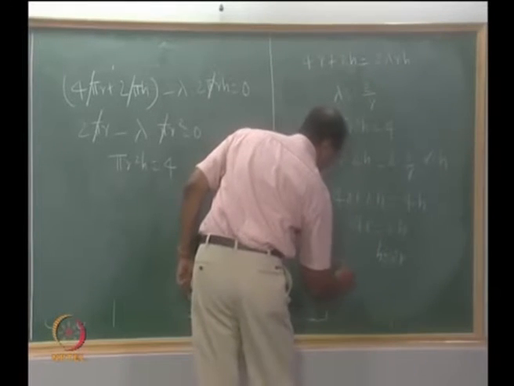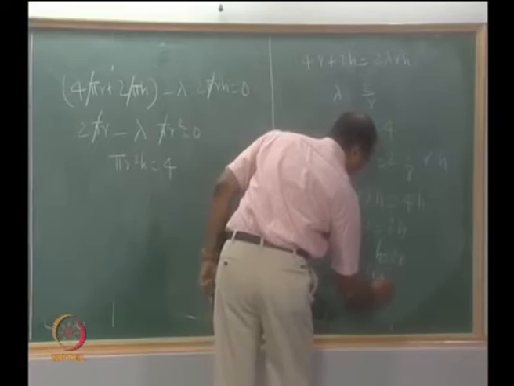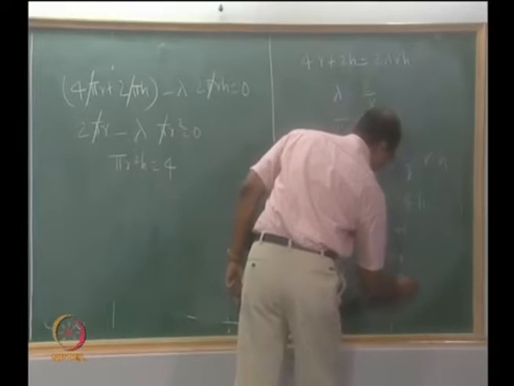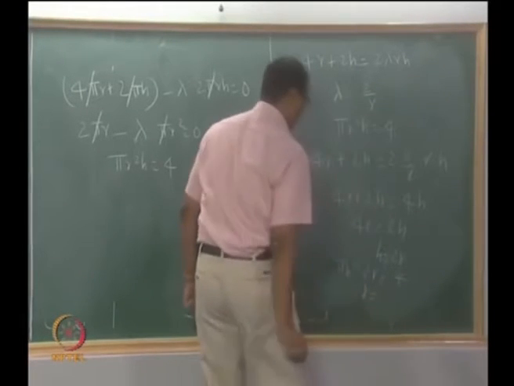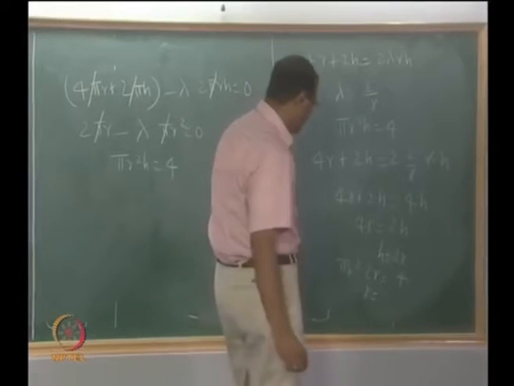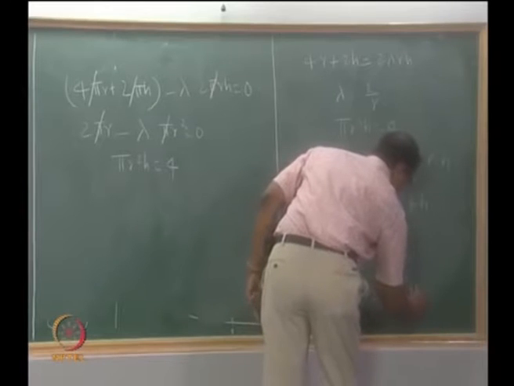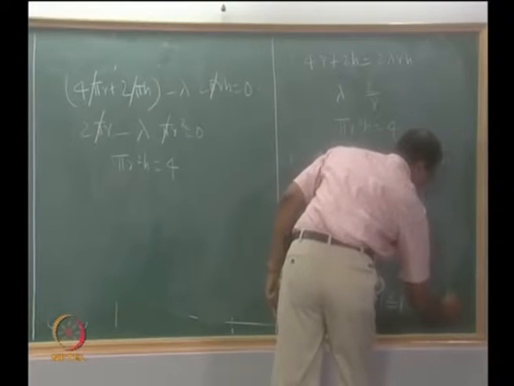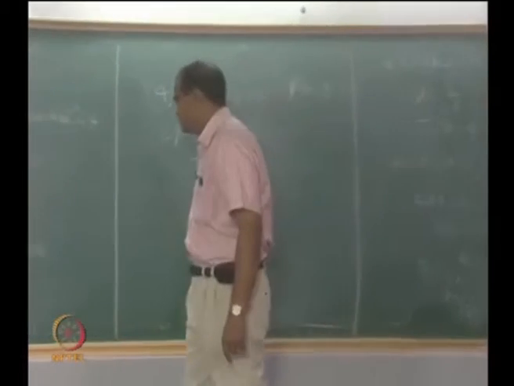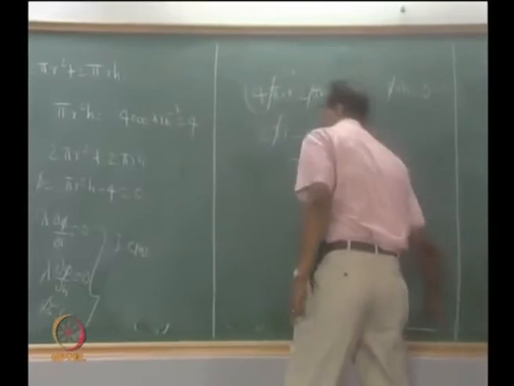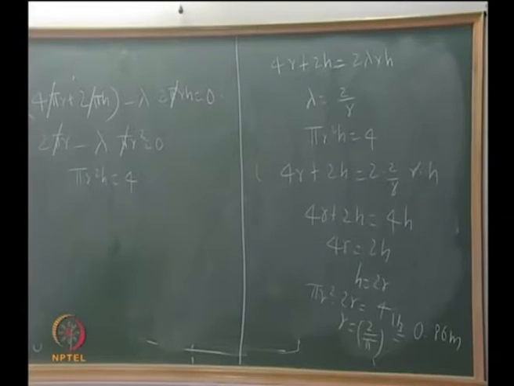Then r is equal to, so not bad at all, 0.86 meters. I know the answer. Proceed. H equal to 2r.